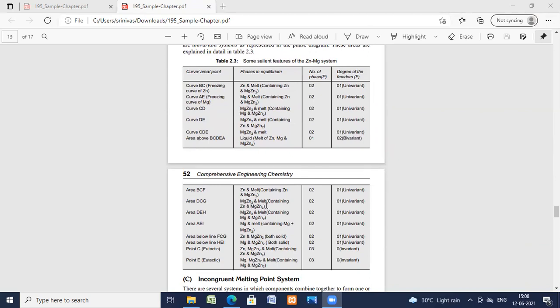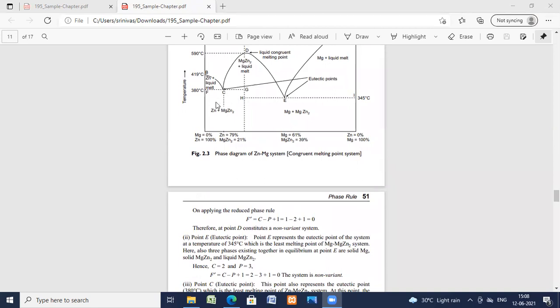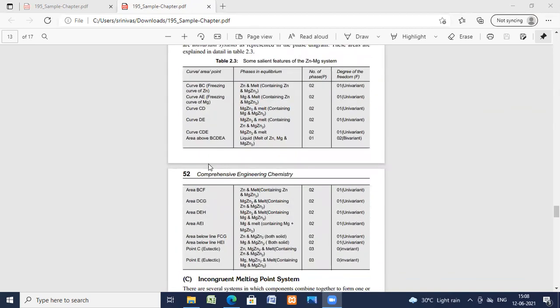You are having zinc and MgZn2 here, the same, Zn plus intermetallic compound. So C is 2, P is 2, F is equal to 2 minus 2 plus 1, univariate system.